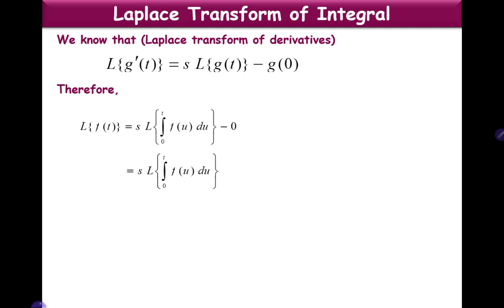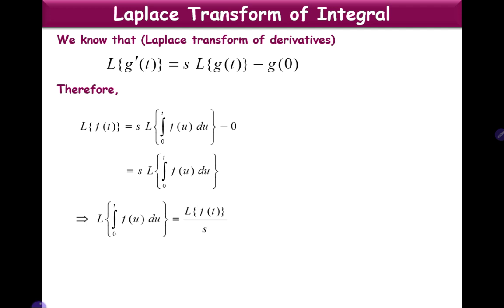Therefore, the Laplace transform of integral 0 to t f of u du is equal to L of f of t by s. So, this is how we derive this formula. If you have any doubts, you can go back and go through the proof again. So finally the statement is that the Laplace transform of integral 0 to t f of u du is equal to L of f of t by s.